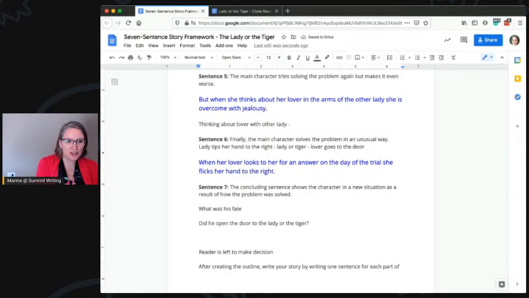When her lover looks to her for an answer on the day of the trial, she flicks her hand to the right. Her lover eagerly opened the door.